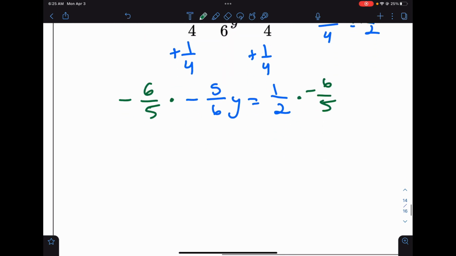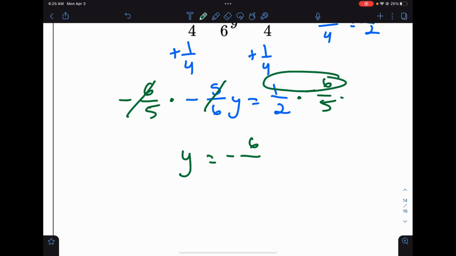These cancel, and y is equal to negative 6 over... when you multiply, you do multiply top and bottom together. So we get negative 6 over 10. Then we can simplify this, which is negative 3/5.